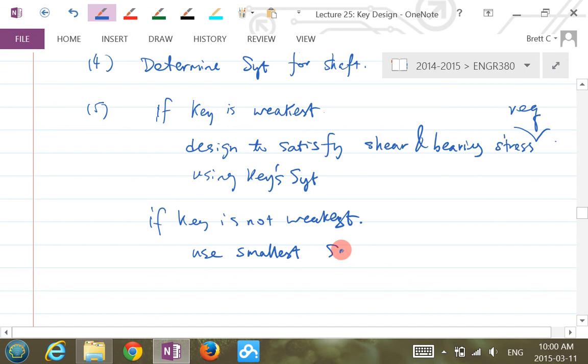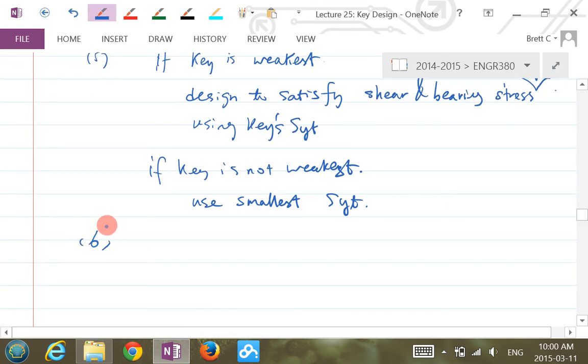So instead of designing against failure of the key, you design against failure of the shaft surface and the hub surface.